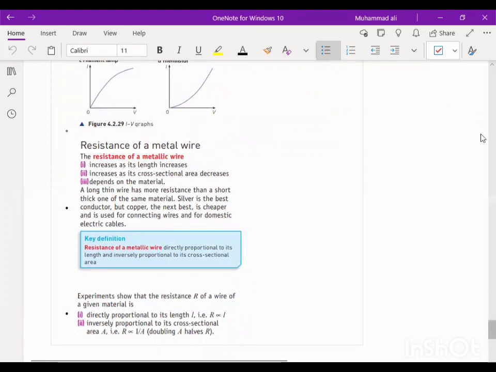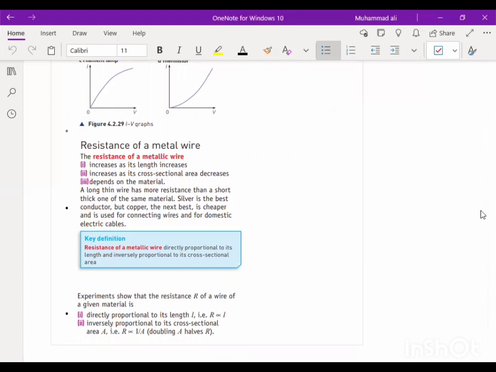So basically, when you're going to talk about resistance, what is resistance first of all, right? You should know how to define resistance, and we know that R equals V upon I. We can always write that resistance is a ratio of what? Resistance is the ratio of the voltage across a certain circuit component over the current passing through it, right?